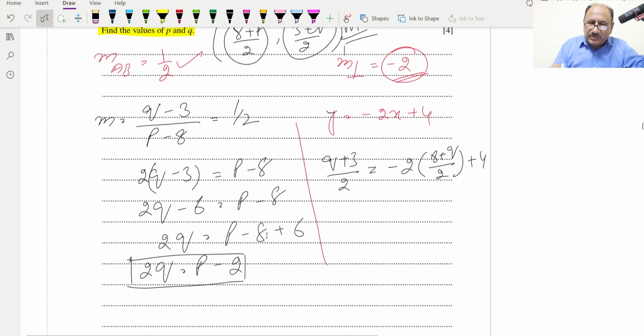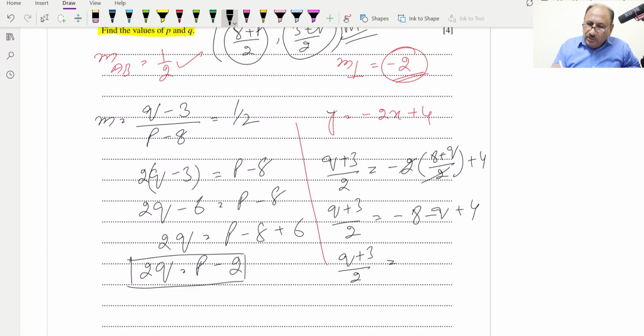So we have replaced the midpoint in the given equation, and if we simplify, we get (q + 3)/2 equal to, the 2 will cancel with 2, so -8 - p + 4, and this will be (q + 3)/2 equal to -4 - p.